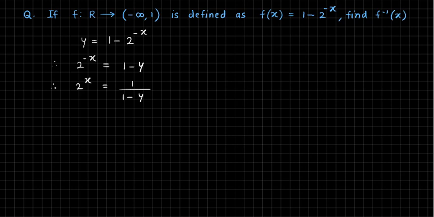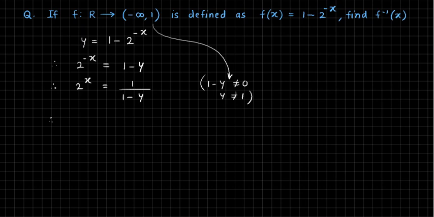Alright, of course here it is assumed that 1 minus y is not equal to 0, that is y is not equal to 1. Okay? And we can see that the value of 1 is definitely discarded in the second set because it is open interval, so the value 1 is not included for y, right?